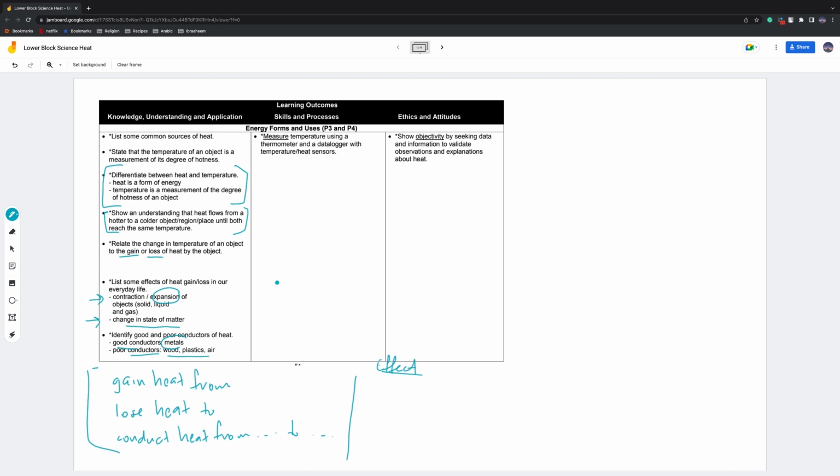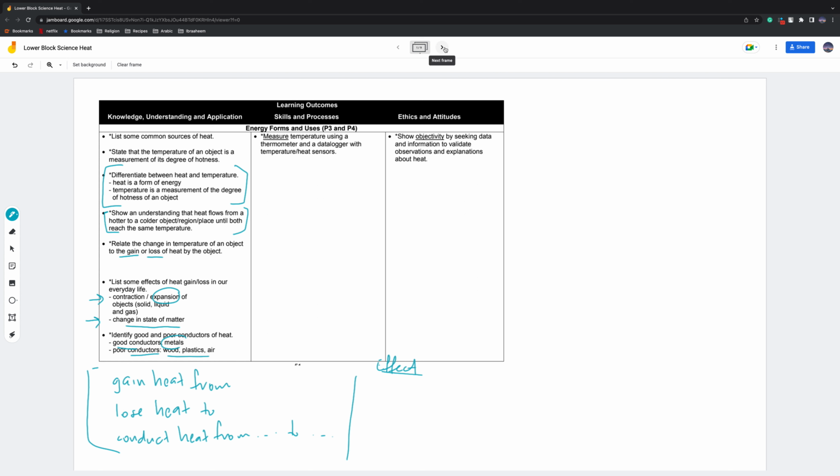We'll touch on that, but for now just remember, it doesn't matter whether you want to keep things hot longer or cold longer. All the time you will use poor conductors of heat, and I'll explain that when we actually attempt that question.